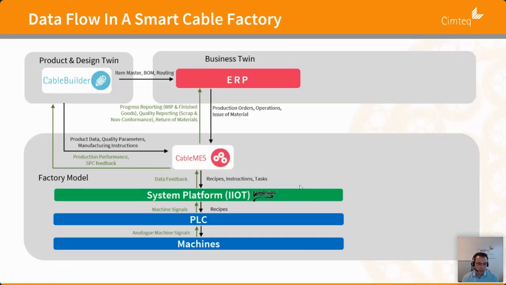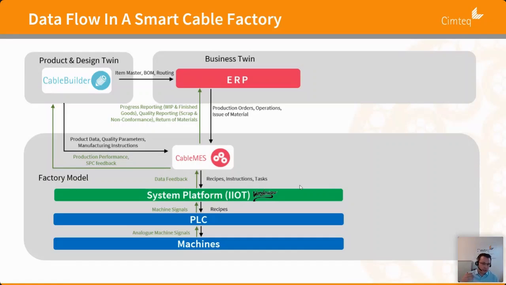It can be integrated in such a way that based on the production order, the MES will load all the quality parameters from Cable Builder, from the latest design version, and send the tolerances straight into your diameter gauges, lump neck gauges, and program the nominal and the tolerance values in those systems.